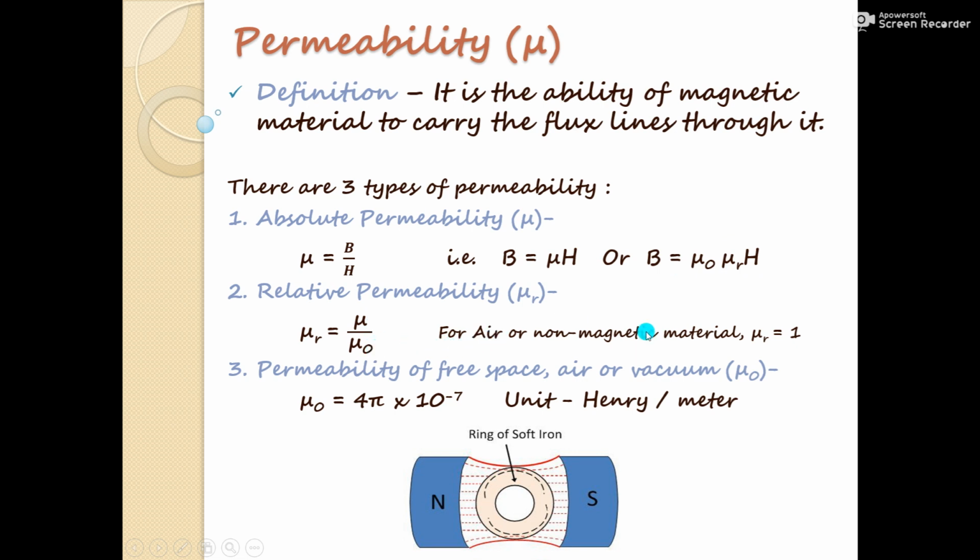For air and non-magnetic material, the value of relative permeability is 1. The permeability of free space, air or vacuum, which we are denoting by mu 0, is equal to 4 pi into 10 raised to minus 7, and the unit for that is Henry per meter.